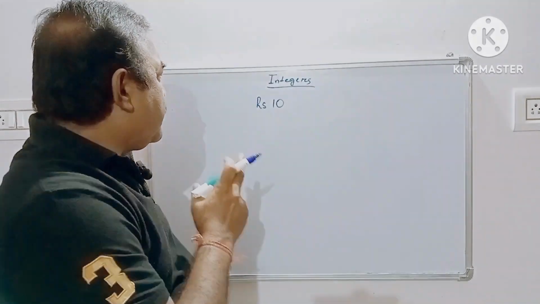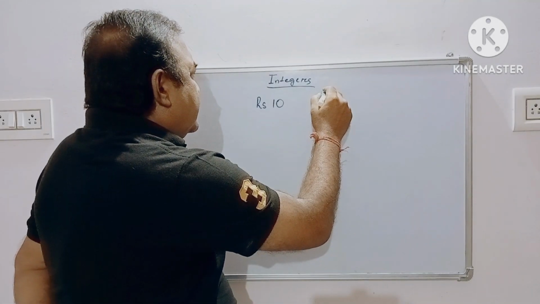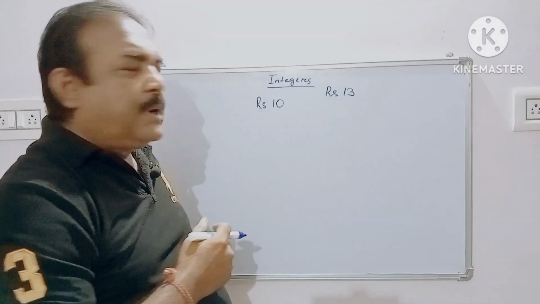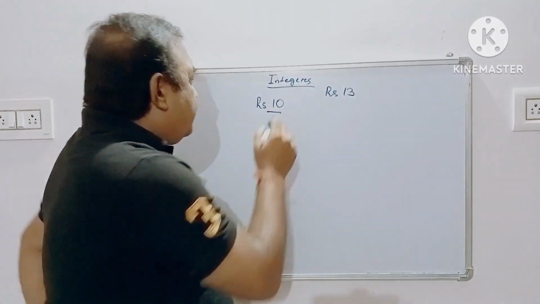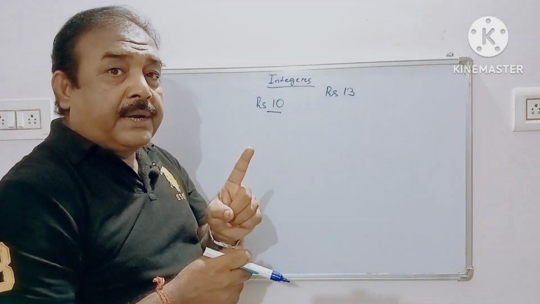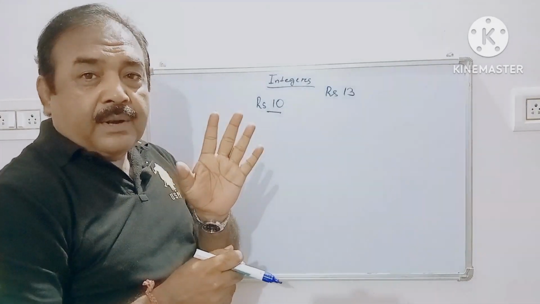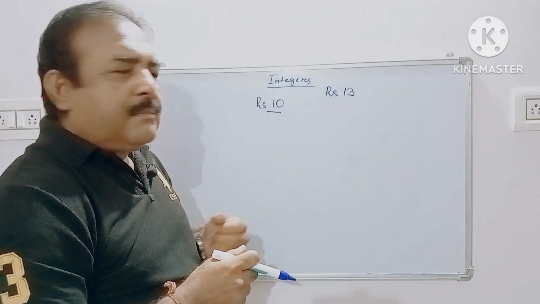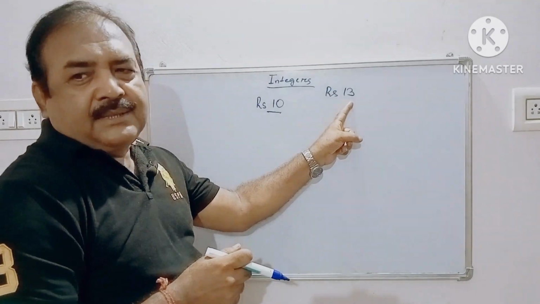And the shopkeeper told you the cost is 13 rupees. But you have taken 10 rupees. But the shopkeeper belongs to your locality and knows you very well. So he gave it to you, but you will have to pay 3 rupees.